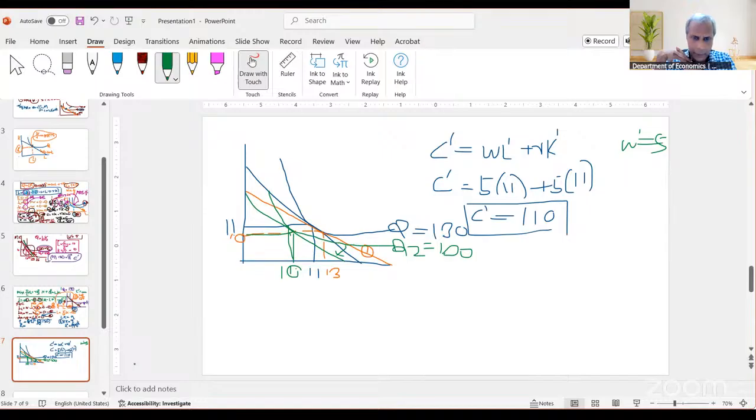So for example, here what you did to adjust to the wage rate change, in this case wage rate increase, the producer asks for a higher budget, 110.